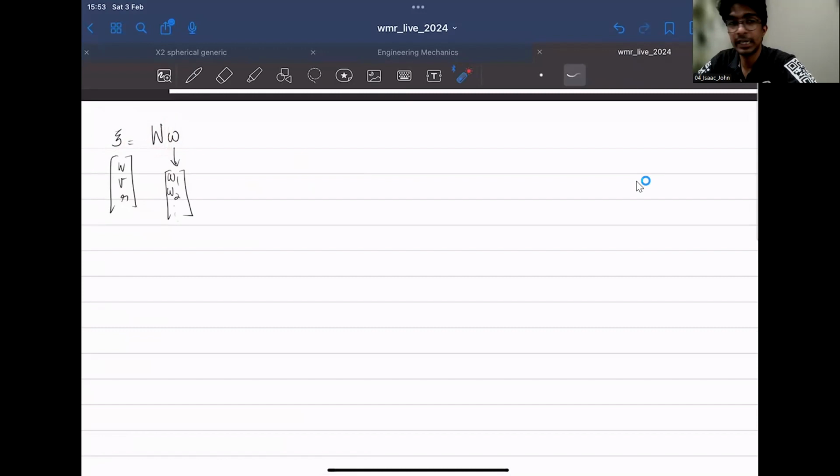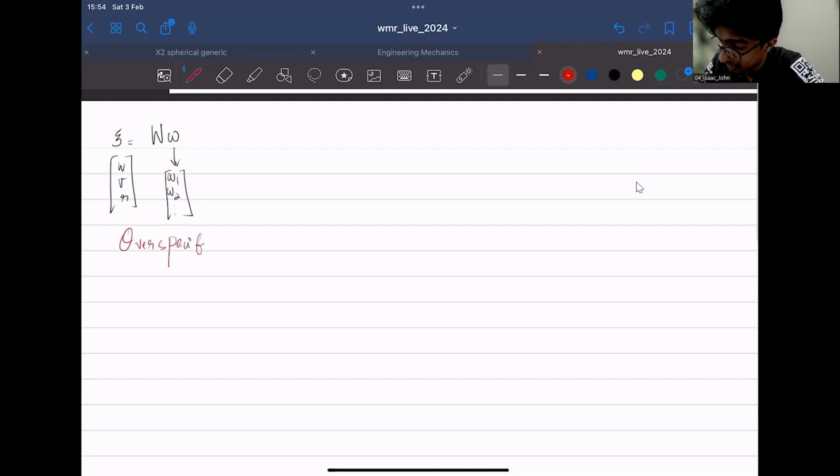It's not very straightforward. And that is where we take the pseudo inverse actually. So we basically have two kinds of pseudo inverse, one for over-specified systems and one for under-specified systems. So for example, for over-specified systems, I'll give an example. Over-specified system.